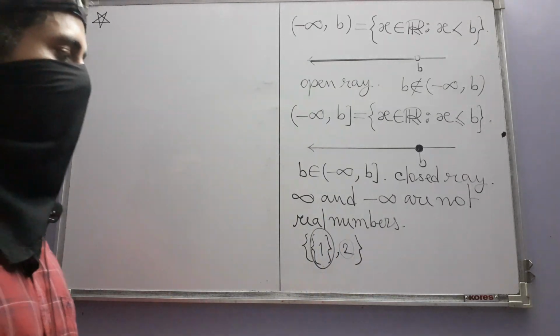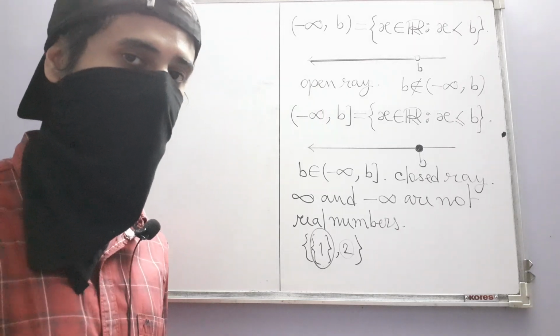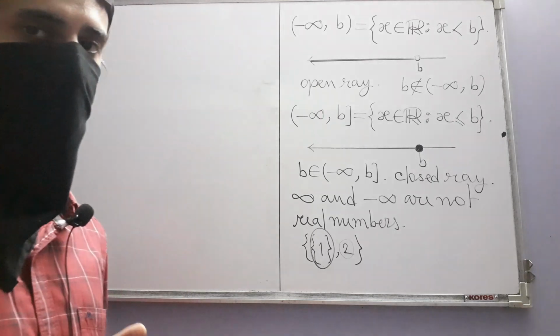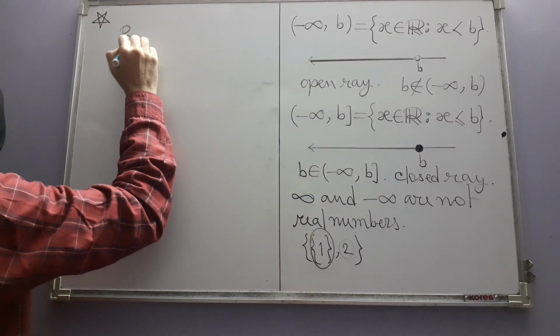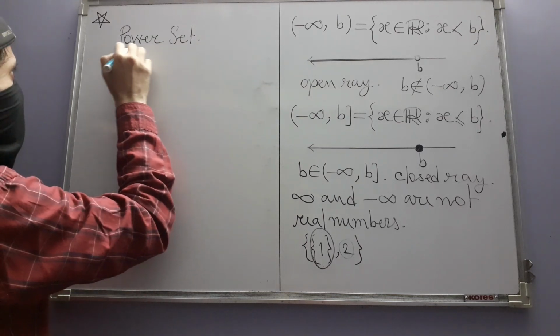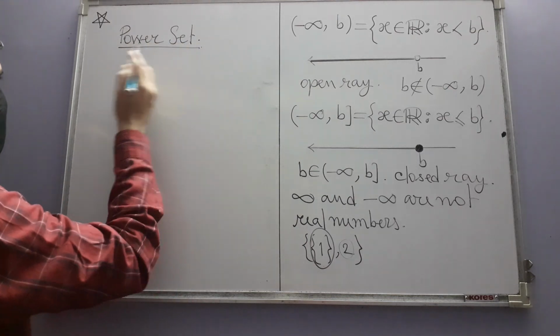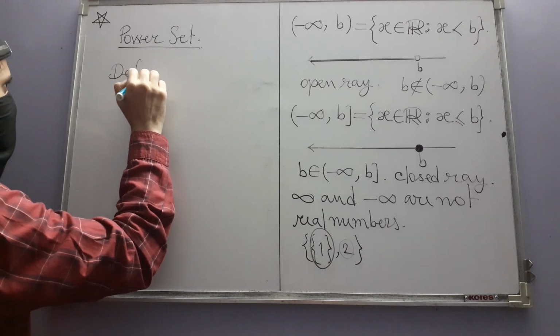Now, what if we collect subsets of a set and make a set out of them? That is the notion of power sets. Let me straight away give the definition and then we can discuss.